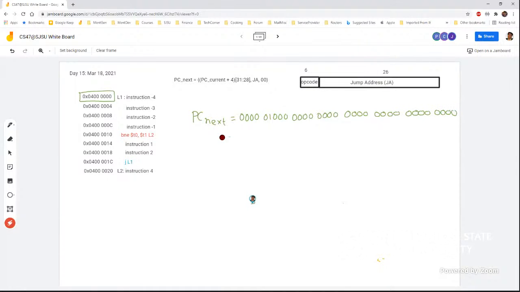And your PC current plus 4 is this, right? Actually, this lower bit really does not matter that much.